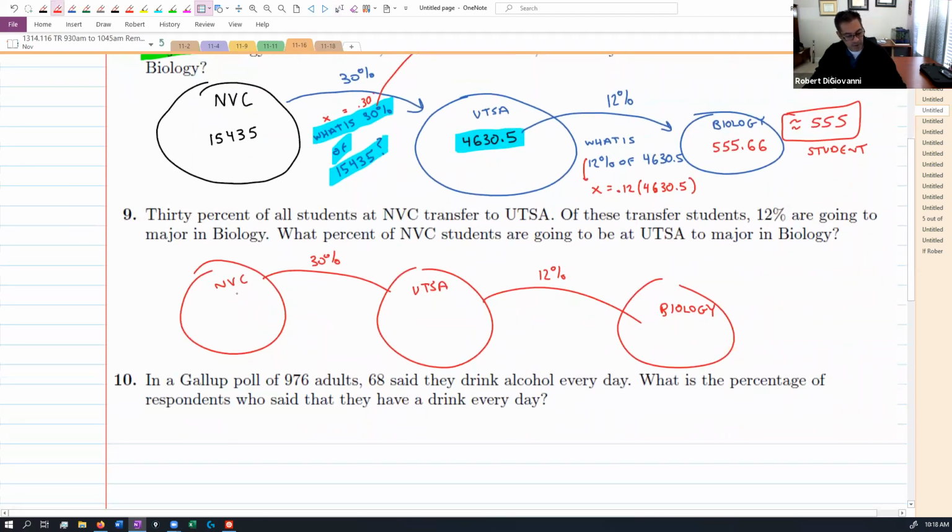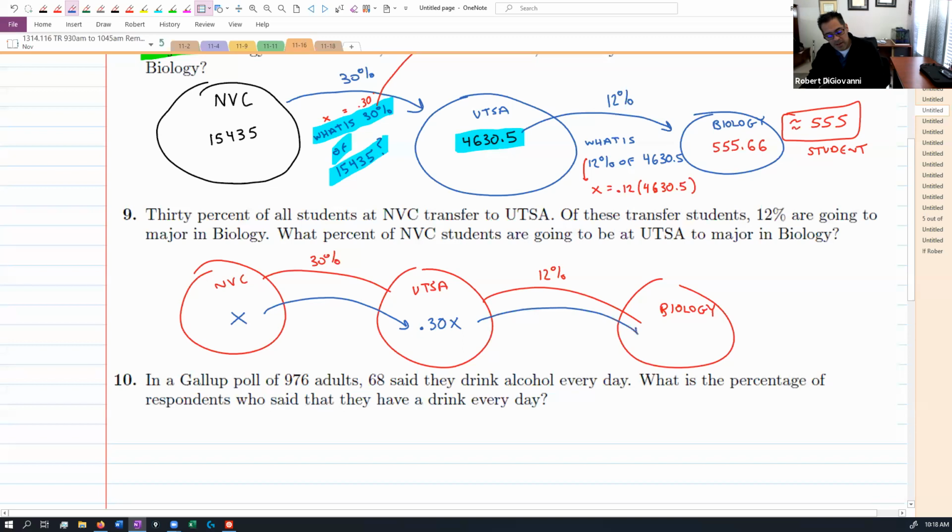So here's what I'm doing. I'm going to call the number of people at Northwest Vista X. When I come over here to UTSA, I have to take 0.30 of that X. That's 30% of whatever Northwest Vista's population is. The number that will transfer to UTSA is 30% of that. So 0.30 times that.